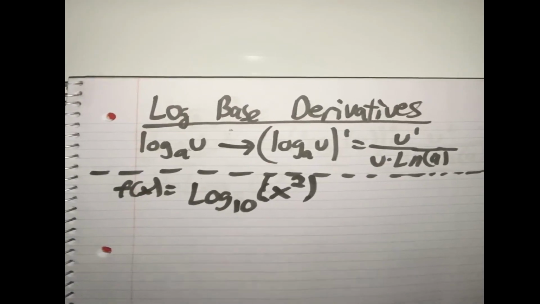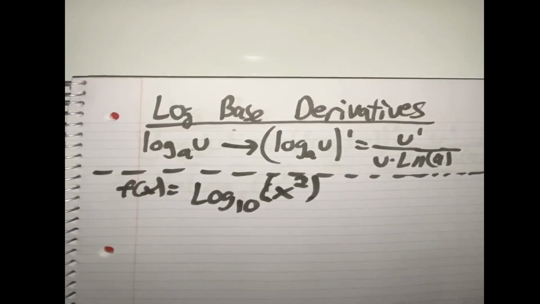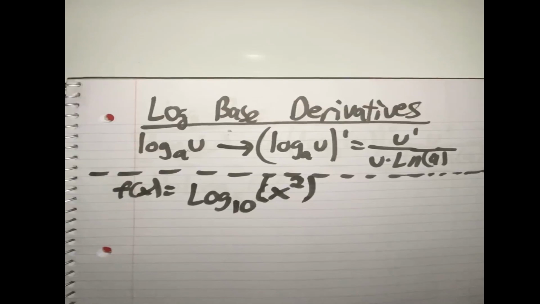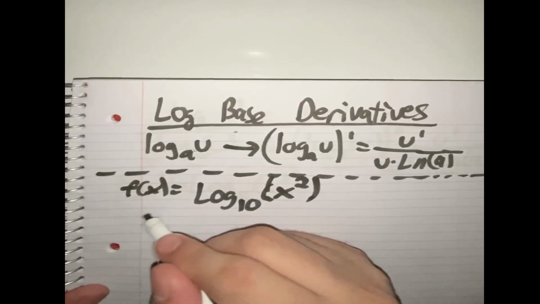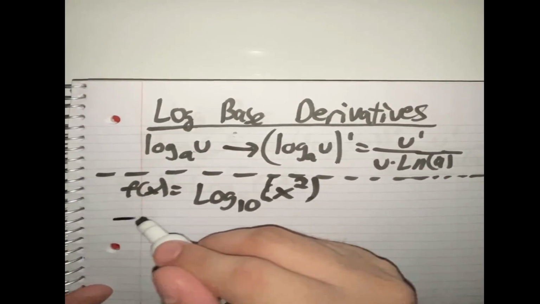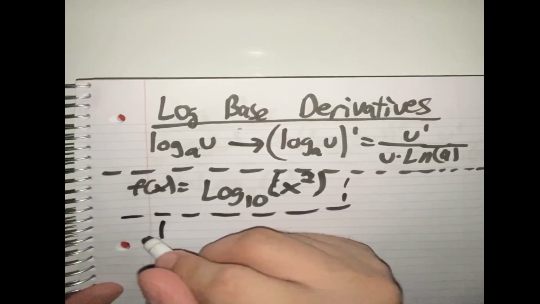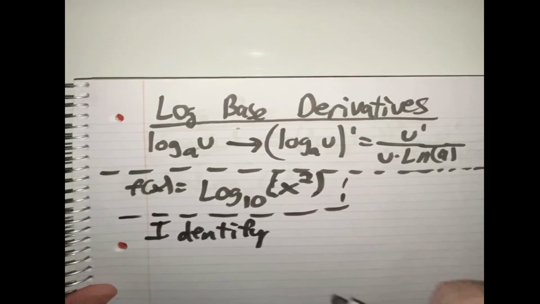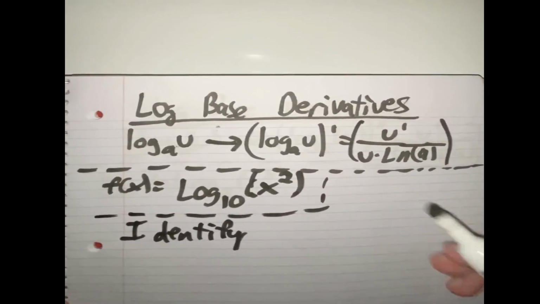So without further ado, we have a problem right here. f(x) is equal to log base 10 of x squared. The first thing we need to do to simplify this problem is identify the variables that are over here, because this is our formula to take the derivative.